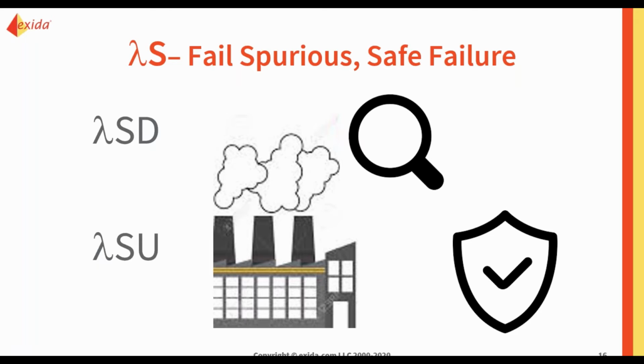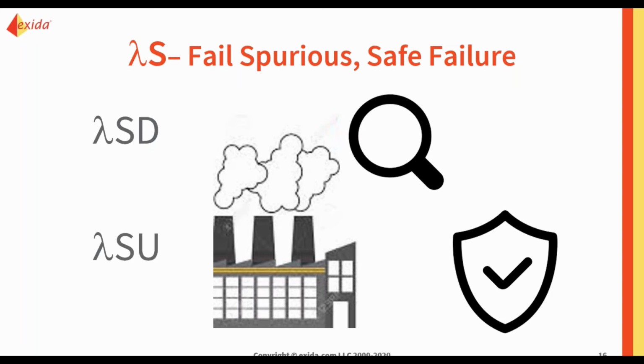The safe undetected failures are those undetectable spurious trip rates. Once again, it's going to be in FITs, just like the safe failures and safe detected failures. And it's going to be when everything's running smoothly, there does not need to be a shutdown, and your diagnostic did not catch this in time, and this device took you to that safe state when it was not necessary.